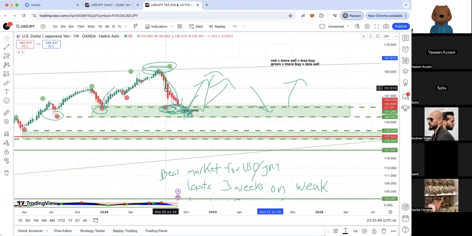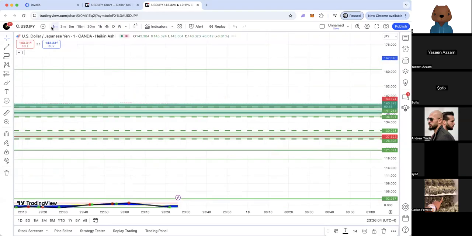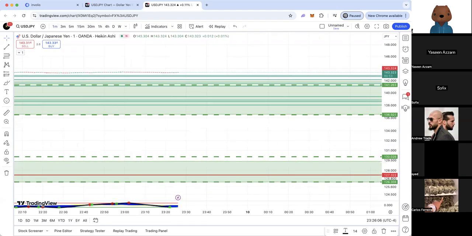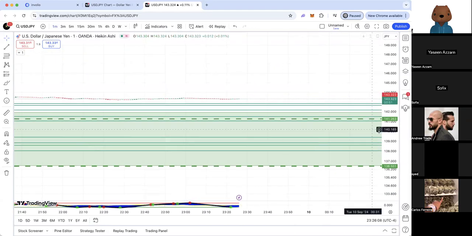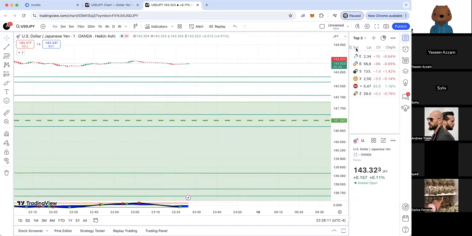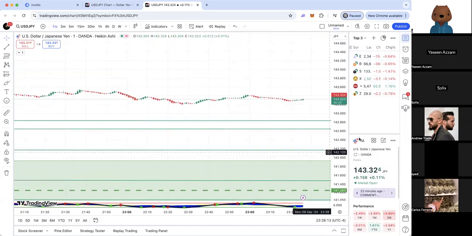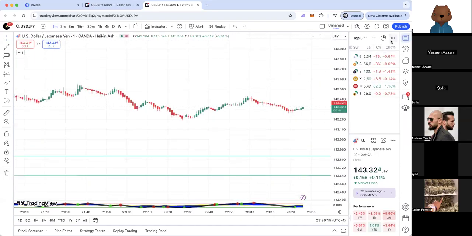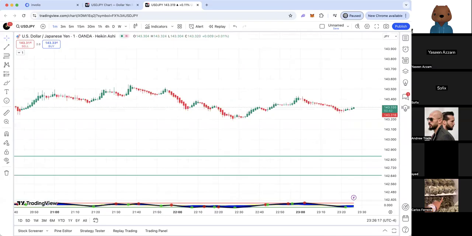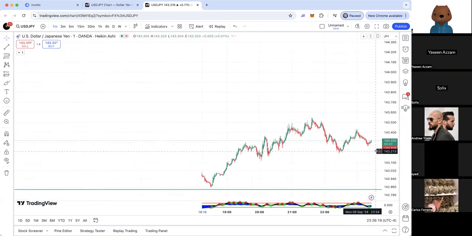And over how long? In time frame. And what's the time frame? The time frame is 1 week. Up here you choose your time frame. If you choose 1 minute, it does every minute.